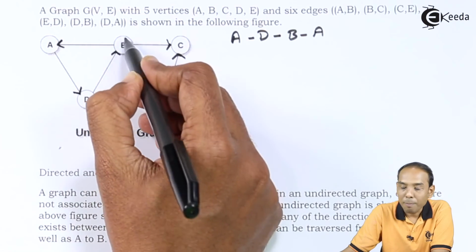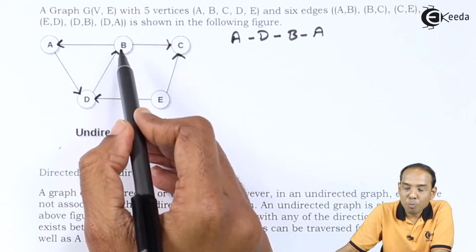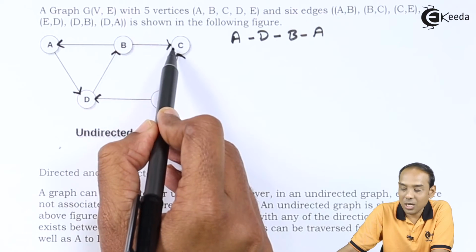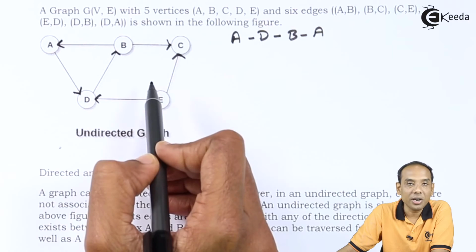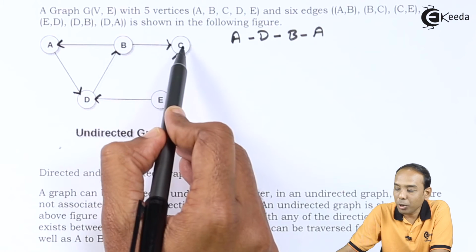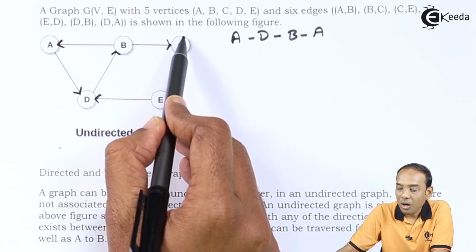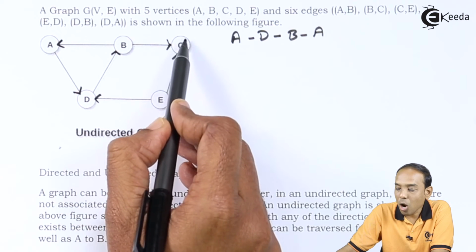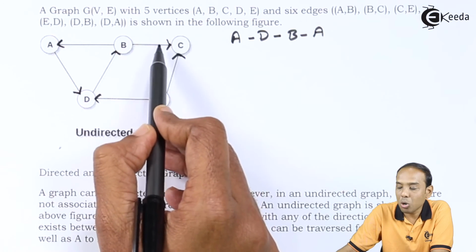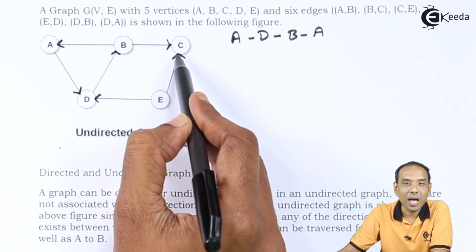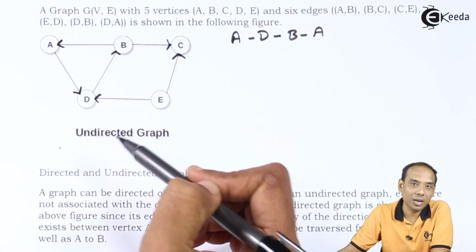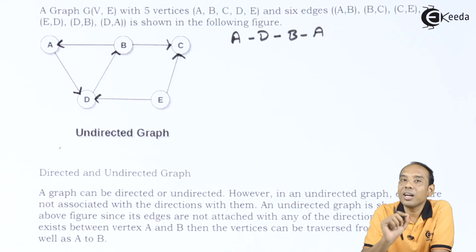Let us go for B. We have output directions from B to C and B to A. Let us go with the B to C direction. We have B to C, but coming to C, we are not able to move out because both the edges are coming inside and not going outside. That's the importance of a directed graph.